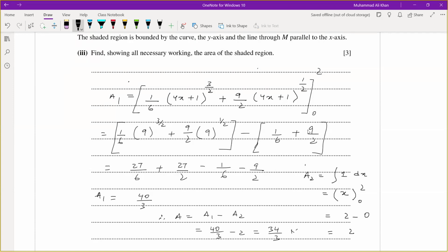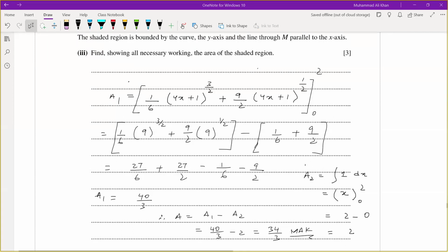This is the final result for the area of the shaded portion. Hopefully it is clear. First we calculated the area under the curve and then the area under the line; subtracting both gave us the final area of the shaded portion.